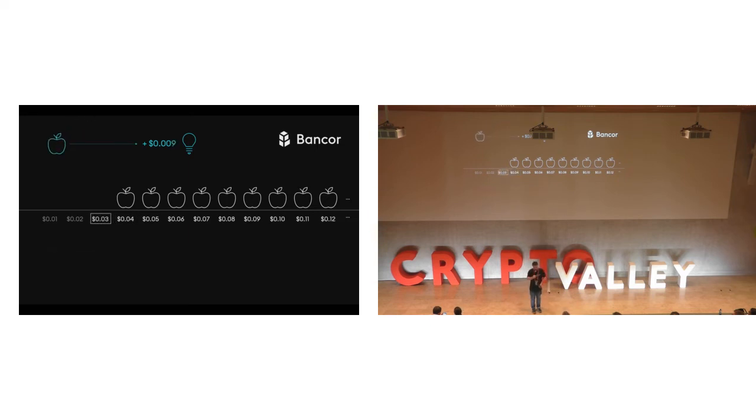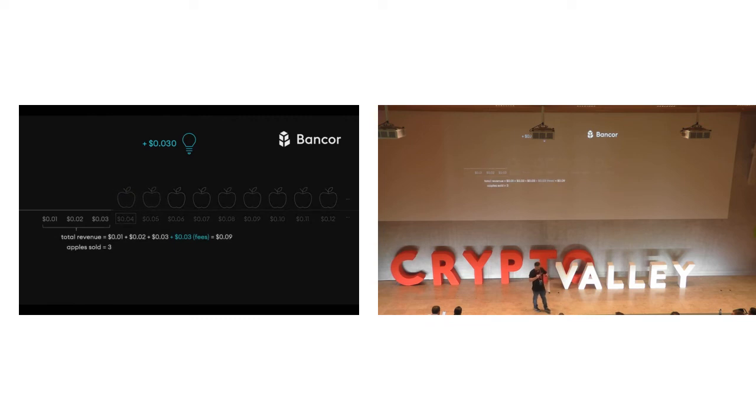So if we let this simulation play out, again, we're looking at people selling and buying apples. And every time, all I'm doing is taking the sum of the cost and then just dividing it by 10 and adding that as a commission. And so after a few trades, we end up with a situation where the merchant has collected 3 cents in fees, but they've also collected 1, 2, and 3 cents from the gross revenue of selling the apples.